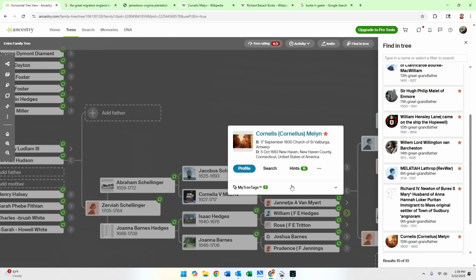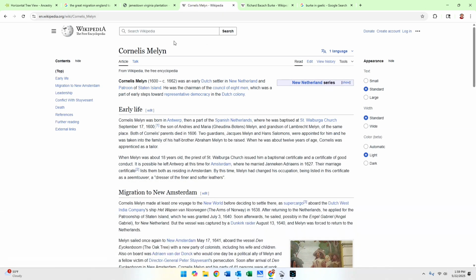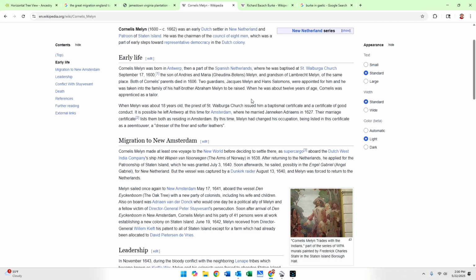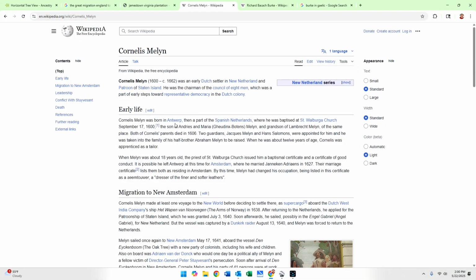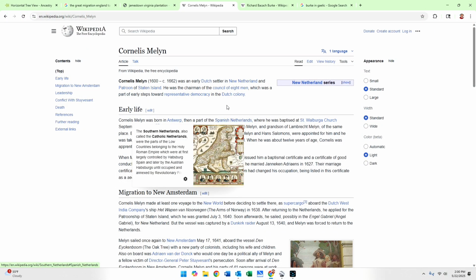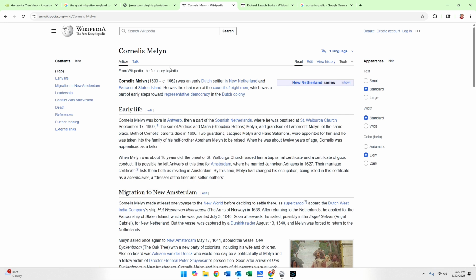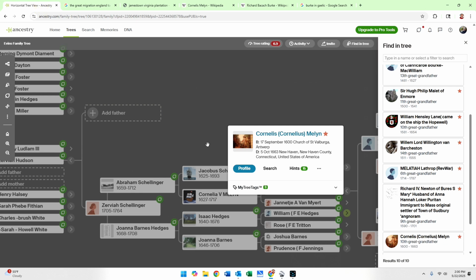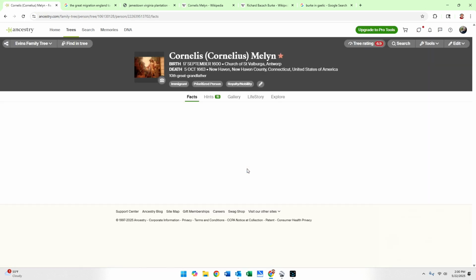He was from, let's go find his background. So you can go look up Cornelius Mellon on Wikipedia and you can see some pictures of him. So he was born in Antwerp, which was then part of Spanish Netherlands. And let's go back to our ancestry and see some of the pictures of him.